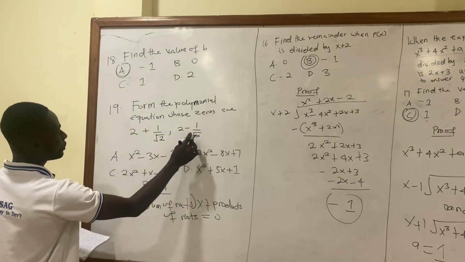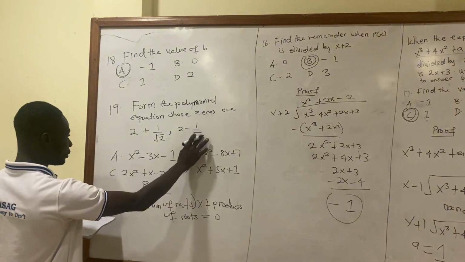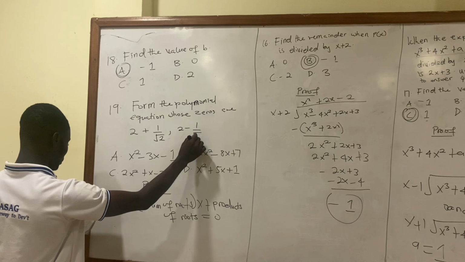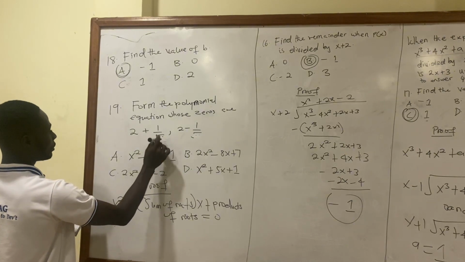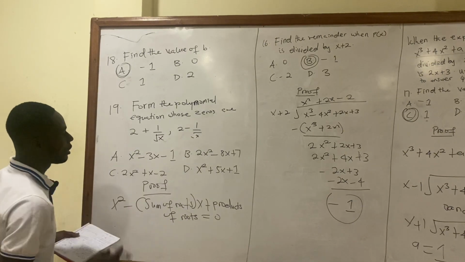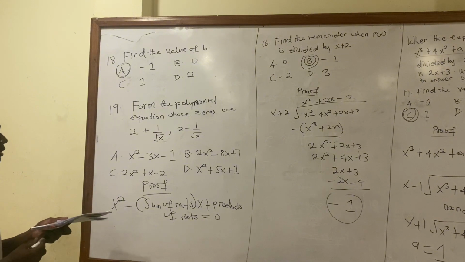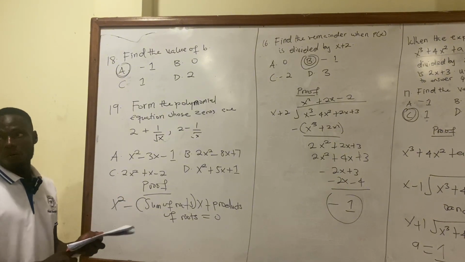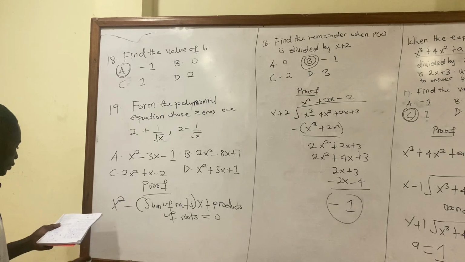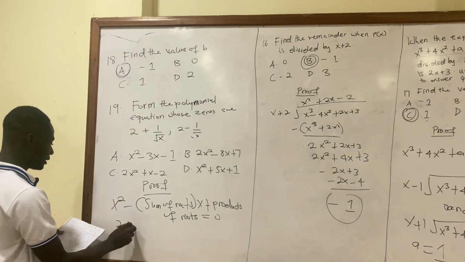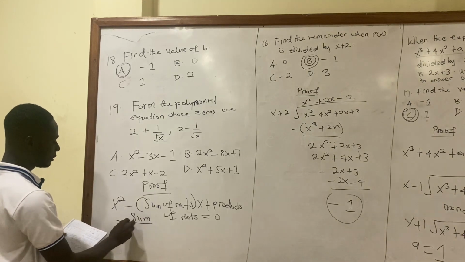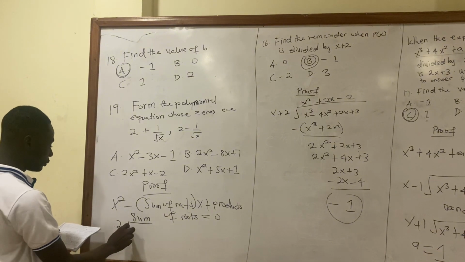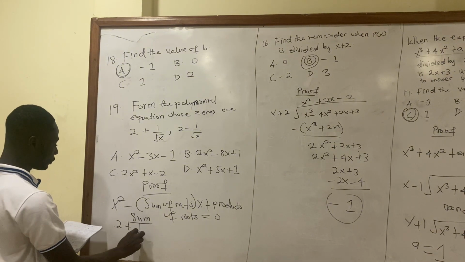this is 2, we know that our sum will be 2 plus 1 over root 2.